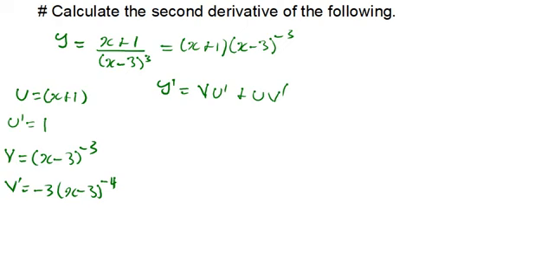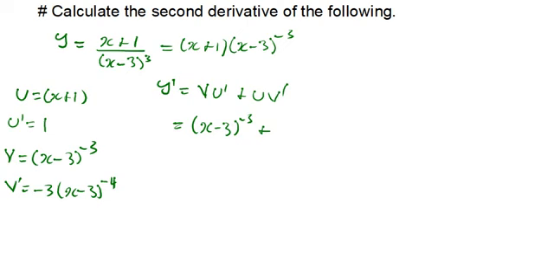So our v, we are going to multiply our v by our u prime, which is 1, meaning just to give us (x - 3) to the power negative 3, plus. Then our u, we multiply our u by what? Our v prime.